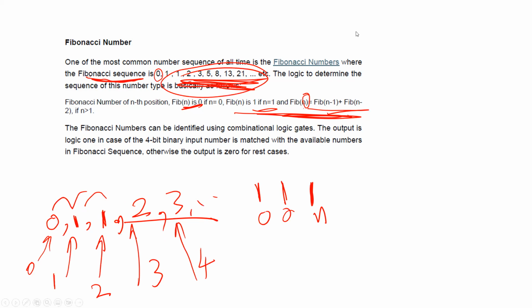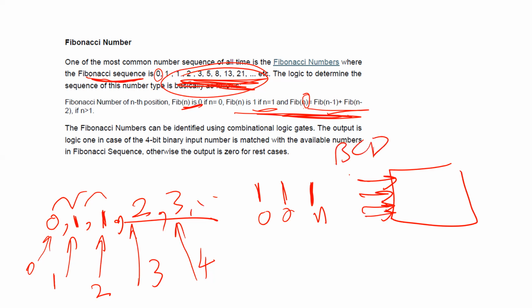As you will see later in this lab, we are going to design a logic circuit. The input of the logic circuit is a BCD number, which is a number from 0 to 9, and the output should be 0 or 1.